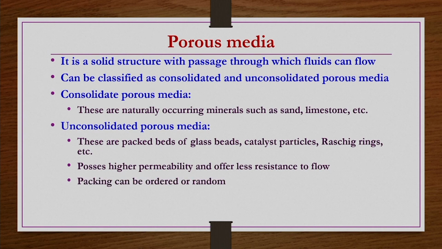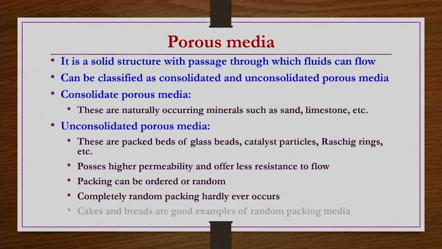Then this packing can be ordered or random, but rarely do we find completely random packing. However, some examples of completely random packing are cakes and breads. The cake or bread material we in general consume also has a porous structure.